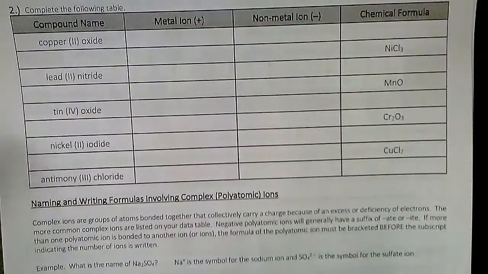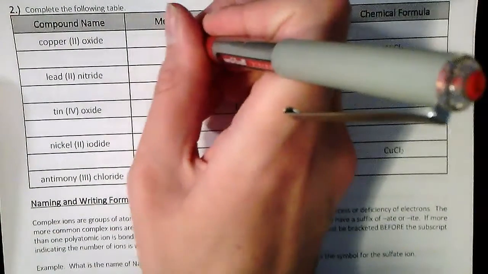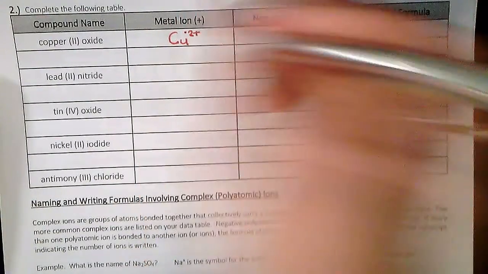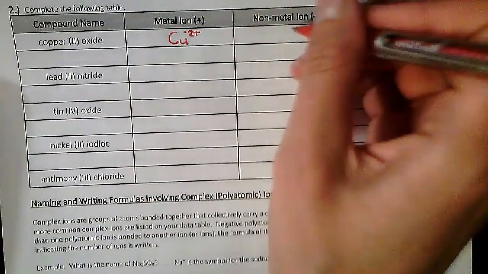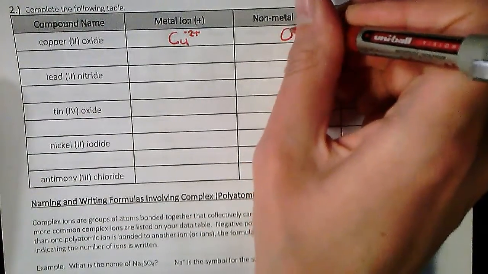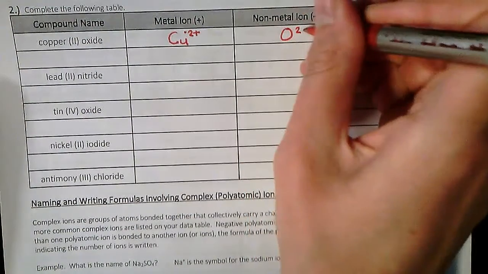All right, so copper(II) oxide. So our metal ion is Cu2+, and our oxygen is O2-.